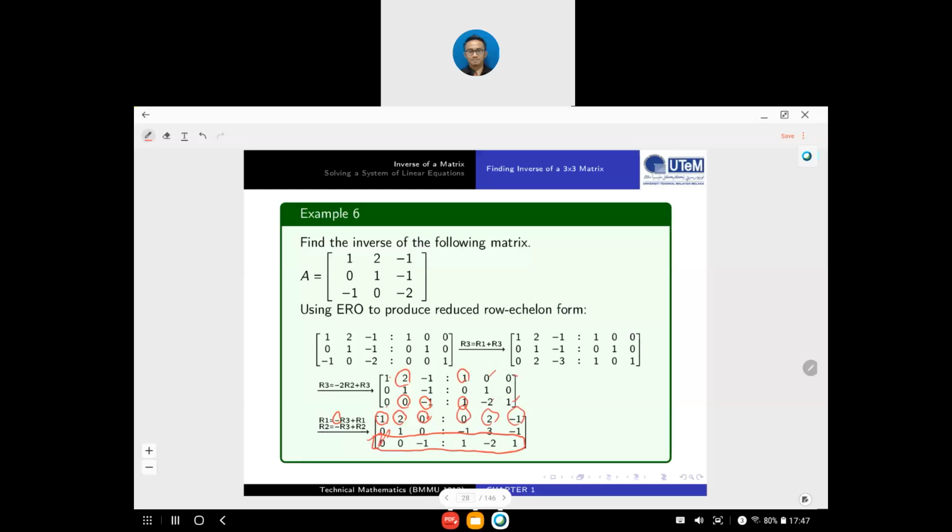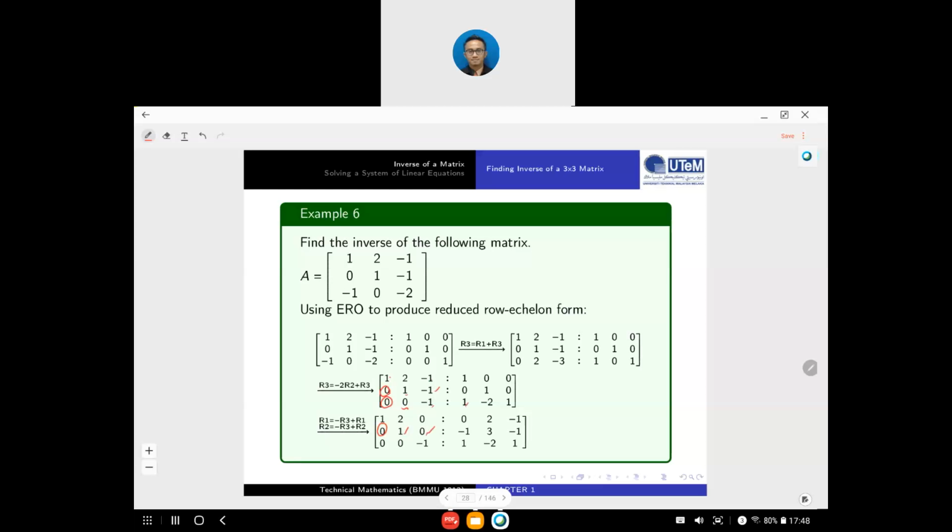Also the same thing for row 2. Look at row 2. Negative row 3 plus row 2. So you can get 0 here. Negative row 3, 0 plus 1, you can get 1. Negative 1 times by negative 1 is 1. 1 minus 1, 0.